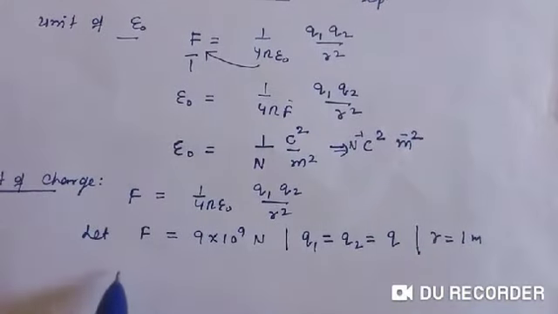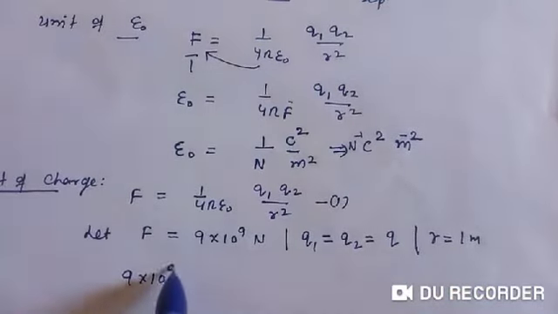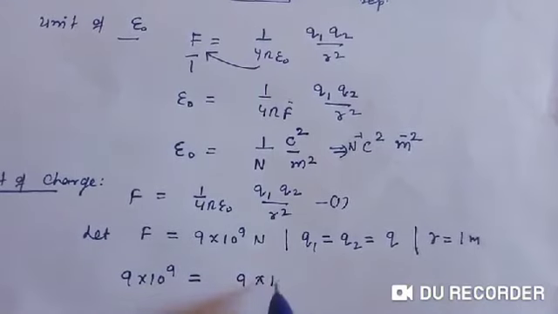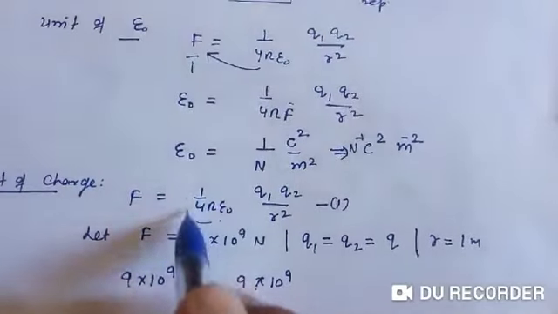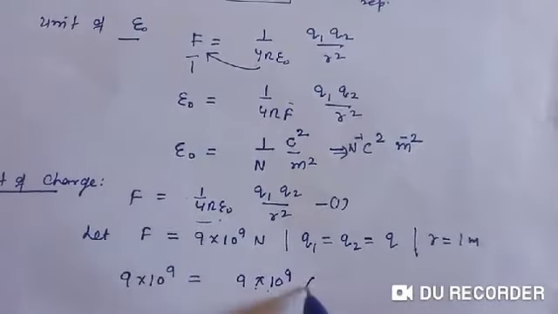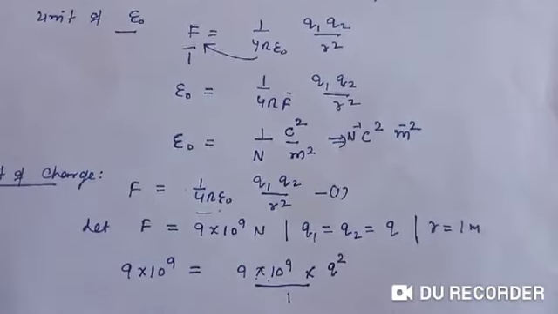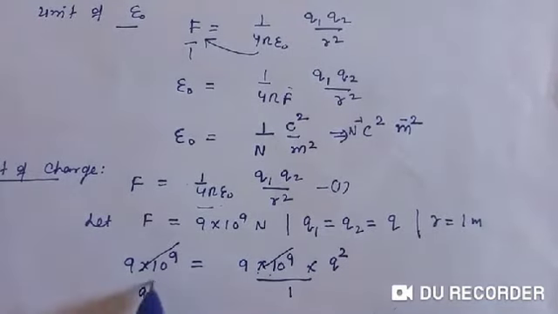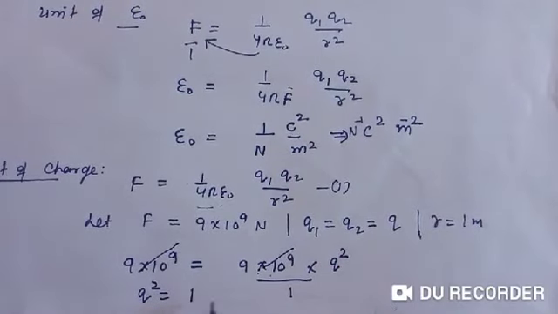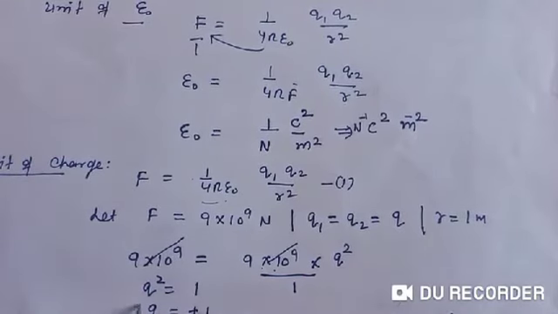So put all the values in the equation. What will we get? 9 into 10 raised to power 9 equal to 9 into 10 raised to power 9, because the value of 1 upon 4 pi epsilon 0 is 9 into 10 raised to power 9, times Q into Q, that is Q square, upon 1. So this will cancel out and you get Q square equal to 1 and Q equal to plus or minus 1 Coulomb.